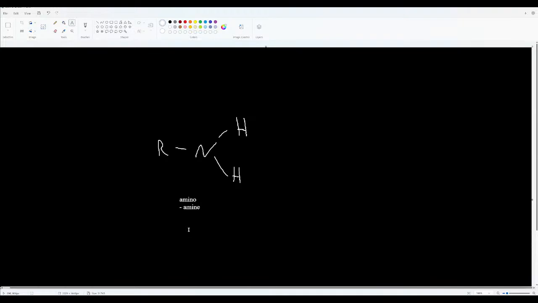But the thing about this is that it could also become charged in solution. The thing about amino groups is that they could actually be protonated. It can gain a positive charge in solution. So, what does that mean? It means that it is a base.